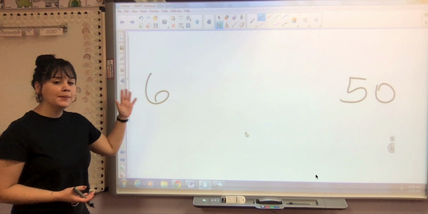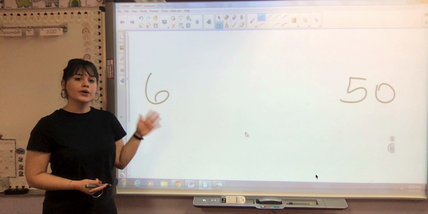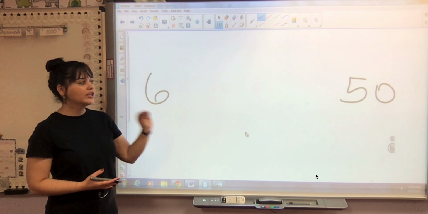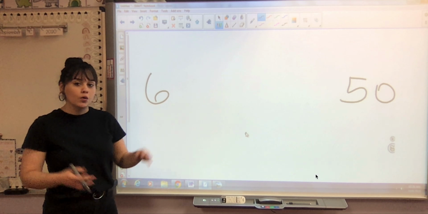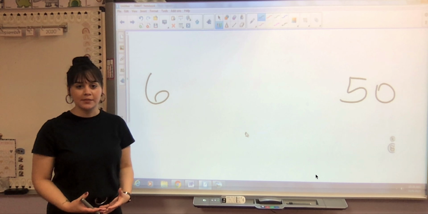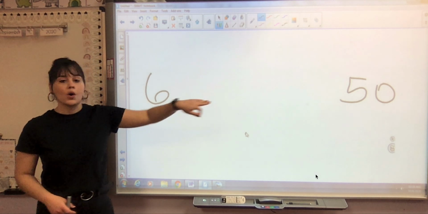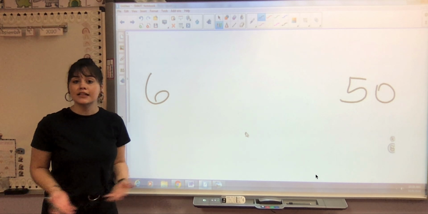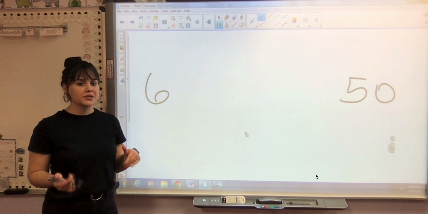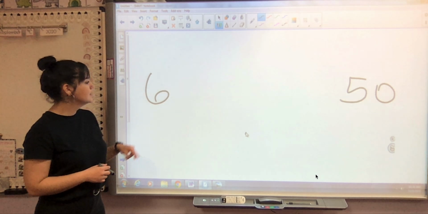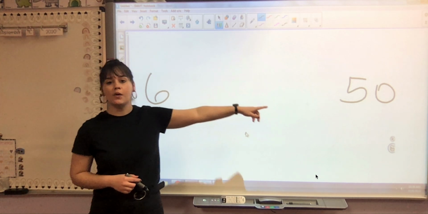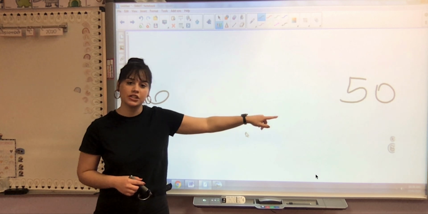So when we're going to compare these two numbers, we're going to use our alligator friend to help us decide which of them is greater. Which of these two numbers has the greatest amount of something? 6 or 50? So let's pretend we're still talking about fish. Would my alligator want to eat the 6 fish, or would he want to eat the 50 fish?